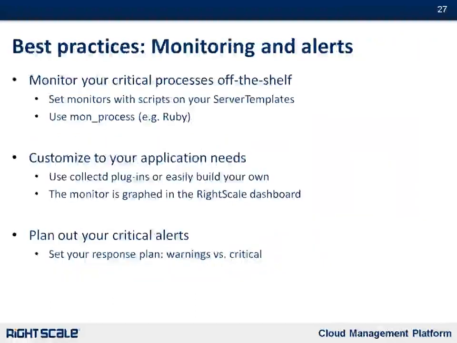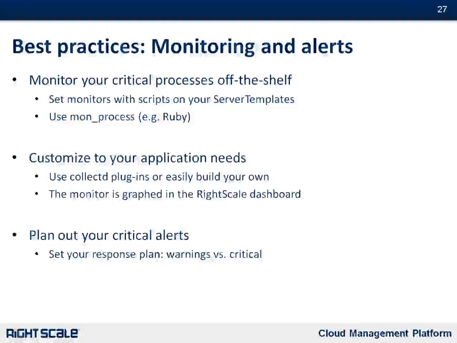So, best practices, just a summary: make sure that you monitor your critical processes by using off-the-shelf plugins and packages. It's important that you don't spend much time just monitoring your servers. We provide a tool so it's very easy for you to do that. Use collectd's process monitoring, for example, to monitor the Ruby processes or anything that is running on the machine.